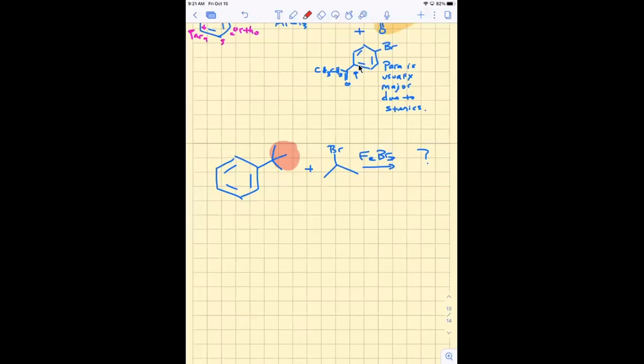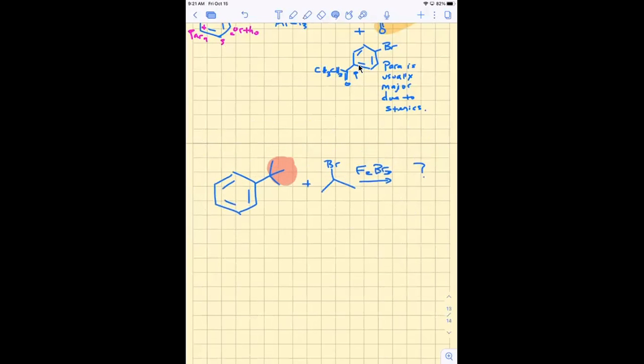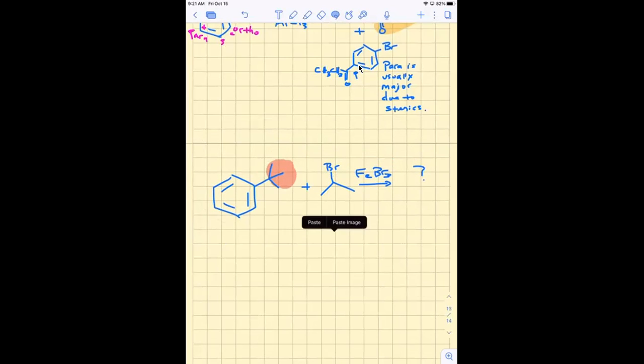Right. Remember, if it's a donor, it has to be able to take a pair of electrons from somewhere. So it's an acceptor. Hold on. Let me back up. If it's a donor, it has to be able to give a pair of electrons or give electron density. If it's an acceptor, it has to be able to take a pair of electrons. My bad.